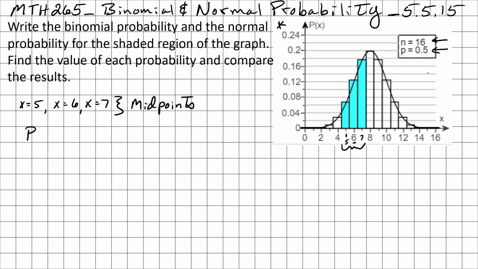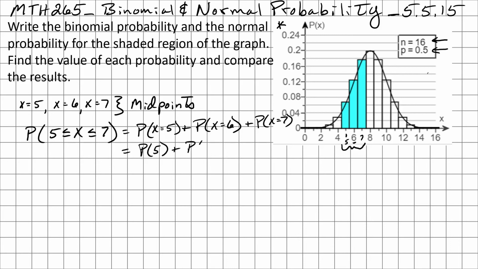which means that the probability that x is between 5 and 7 is going to be equal to the probability that x is 5 plus the probability that x is 6 plus the probability that x is 7. And we could just simply write this as P of 5 plus P of 6 plus P of 7.